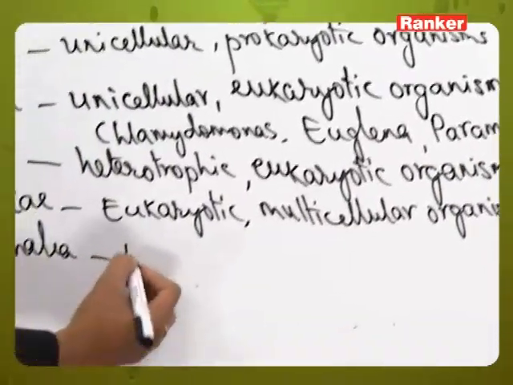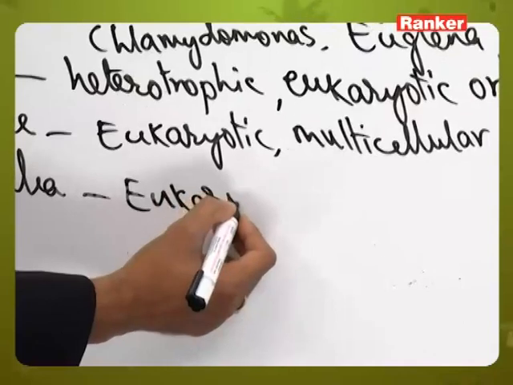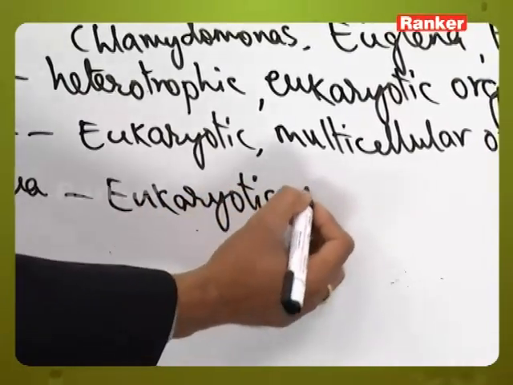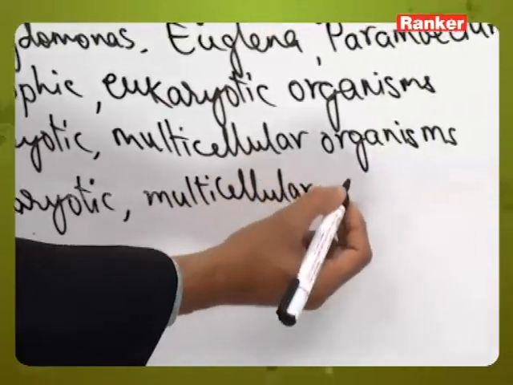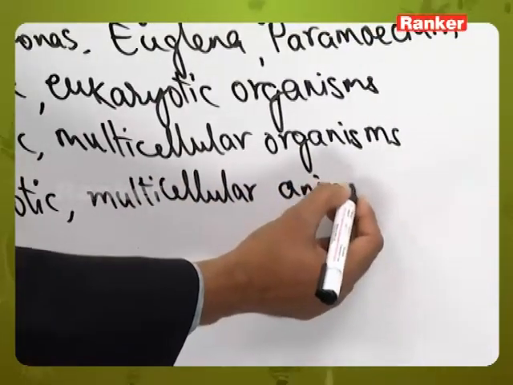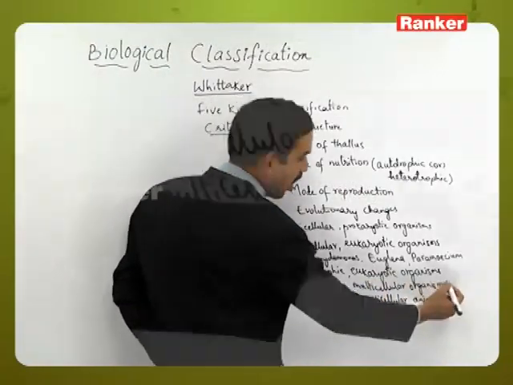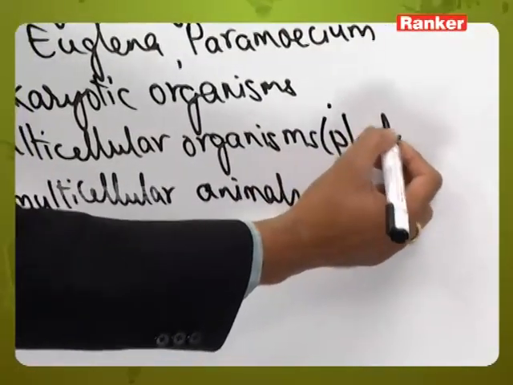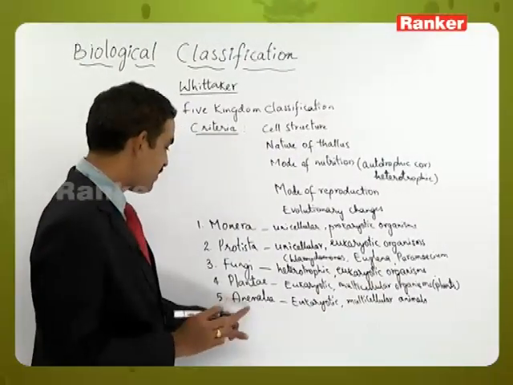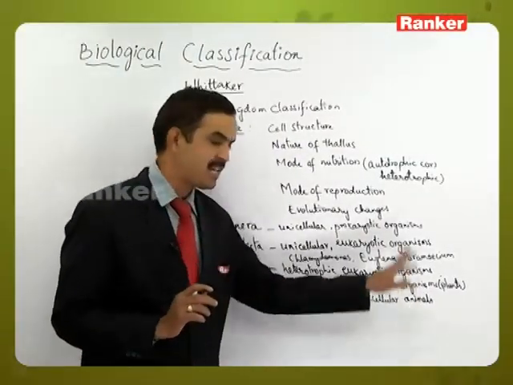Animalia includes eukaryotic, multicellular animals. So in Plantae, organisms include only plants, excluding animals, whereas in Animalia, eukaryotic, multicellular animals are placed.